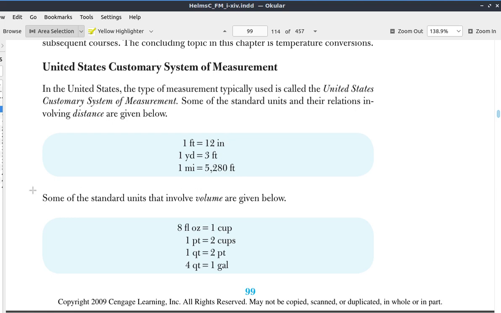Alright? Some of the standard units that involve volumes are, you have the ounces. 8 ounces make 1 cup. 1 pint is 2 cups. 1 quart is 2 pints, and 4 quarts make 1 gallon.